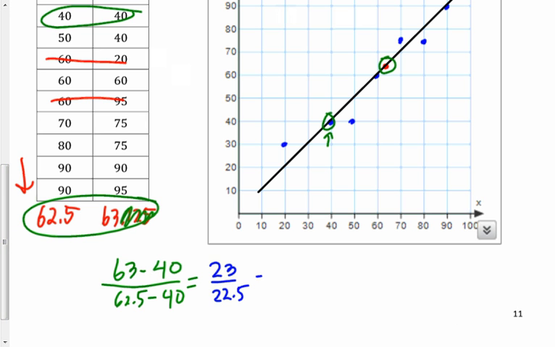That equals about 1.02. Now that I have that, I can choose one of those 2 points to come up with my equation. So my slope of my equation is that 1.02. And now I just have to find the y-intercept using my 40, 40 or my other point, 62.5, 63.